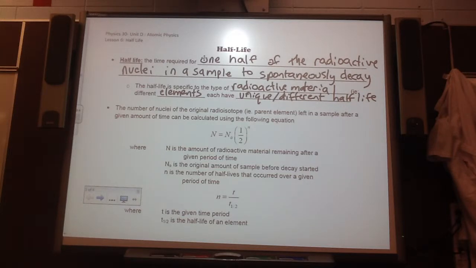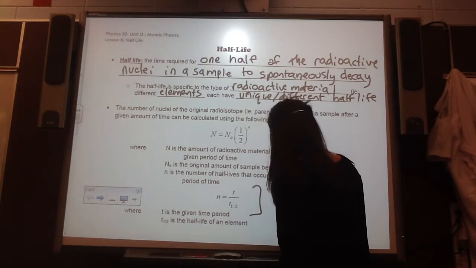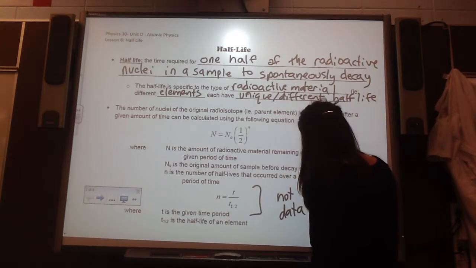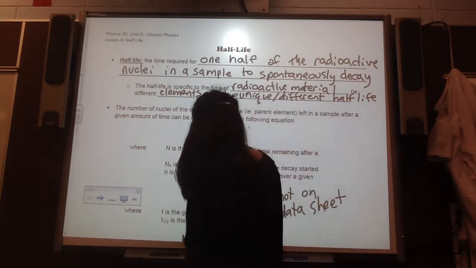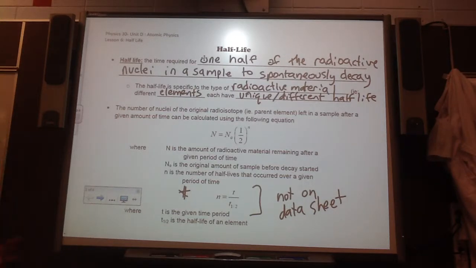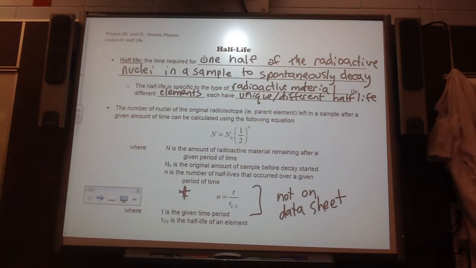This one is not on your data sheet, so you have to memorize it or be aware of it. But if you think about the definitions of each of those variables, it's logical what the formula is: the time given divided by the half-life gives you the number of half-lives. And the little n is the power, yeah.